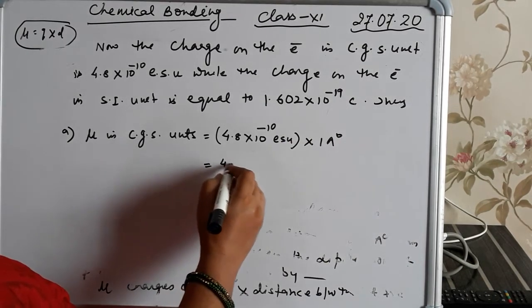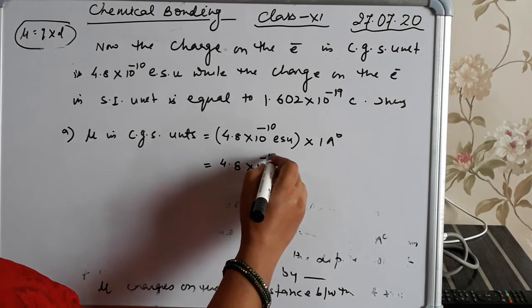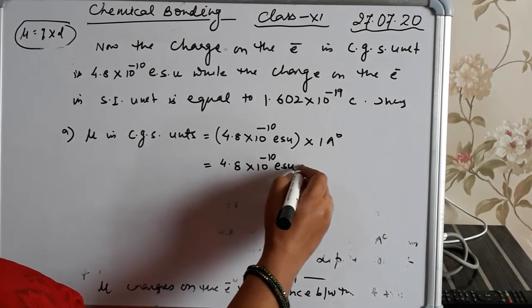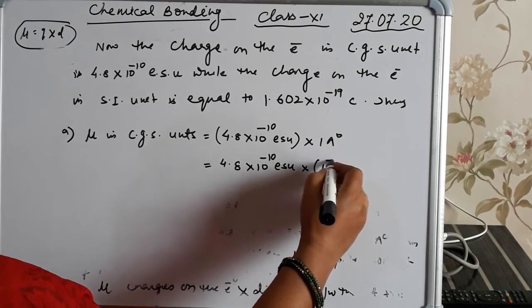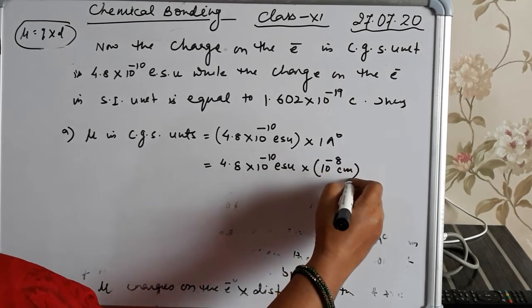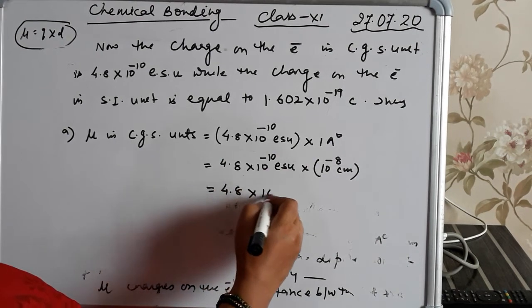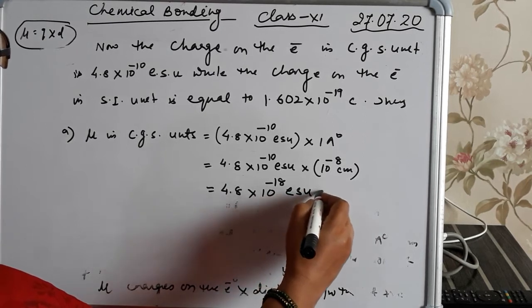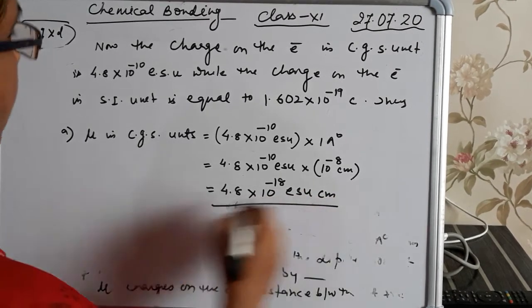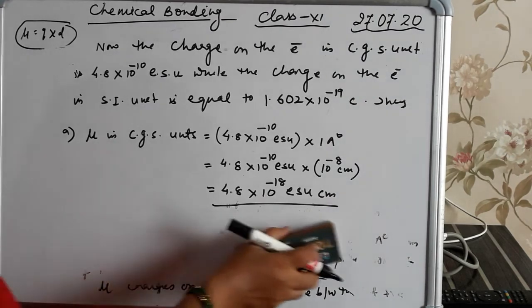By solving this, 10 to the minus 10 ESU into, convert this into cm, 10 to the power minus 8 cm. Now it comes 4.8 into 10 to the power minus 18 electrostatic unit cm. This value comes when mu is calculated in CGS unit.